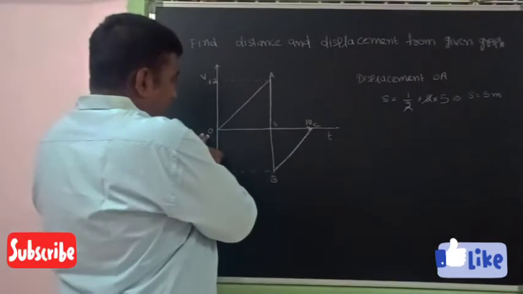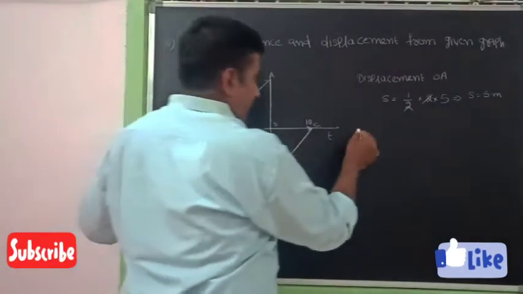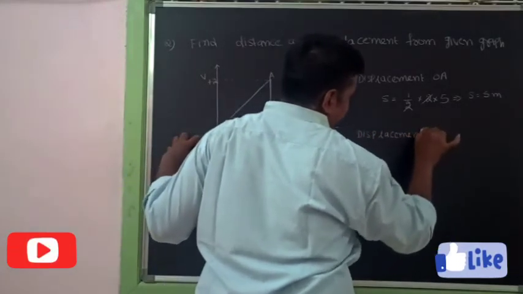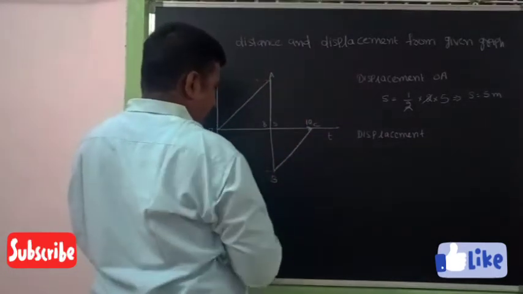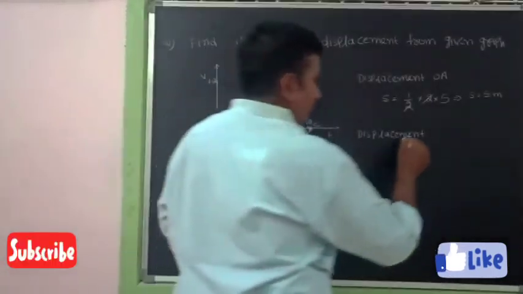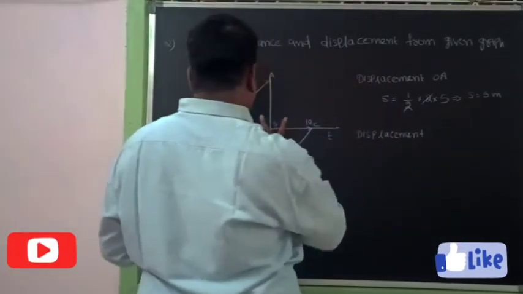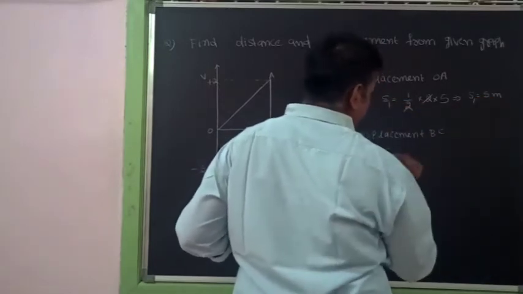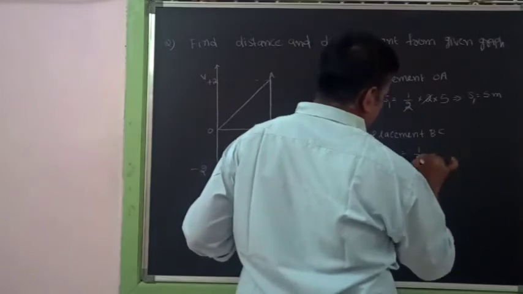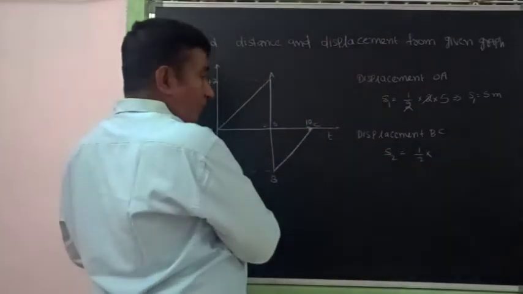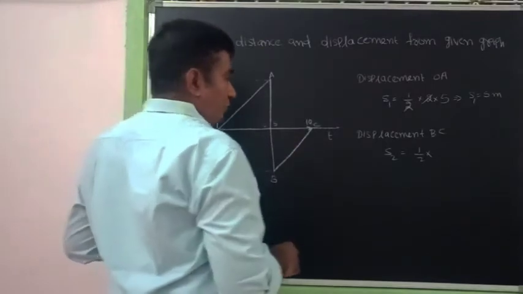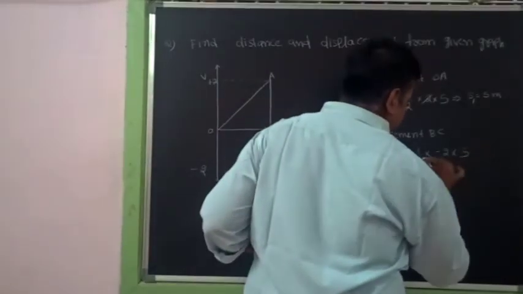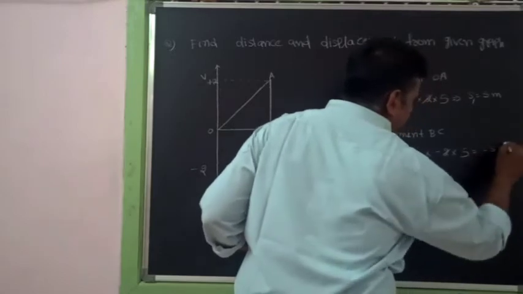Then the displacement from B to C. If this is S1 and this is S2, I can take it as half into minus 2 into 10 minus 5, which is minus 5 meters.